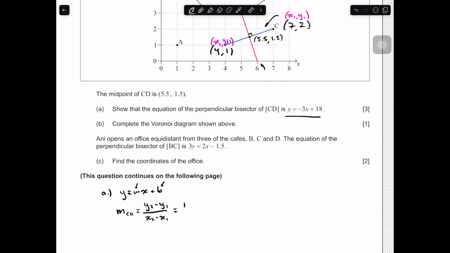So y2 minus y1 over x2 minus x1. And of course it doesn't really matter the order. We could have easily called this x2 and y2, and we could have called these ones x1 and y1. As long as you're consistent, the order actually doesn't matter. y2 minus y1 and x2 minus x1. So we'll have negative 1 over negative 3 or 1 over 3. You can put this into your calculator, of course, as well.